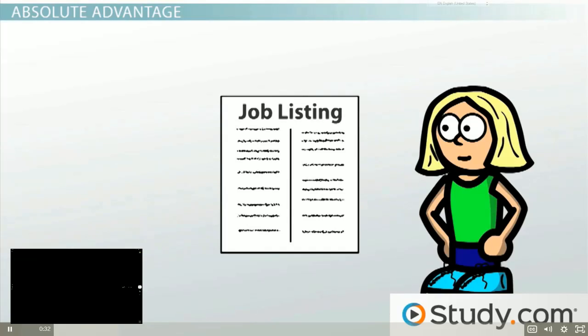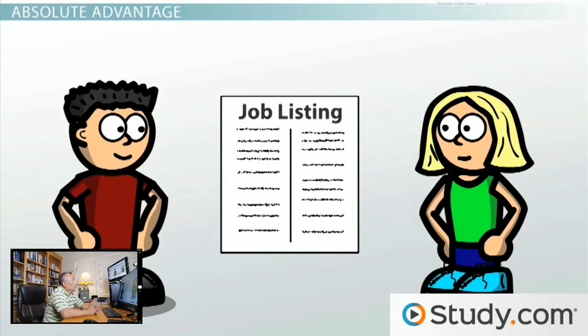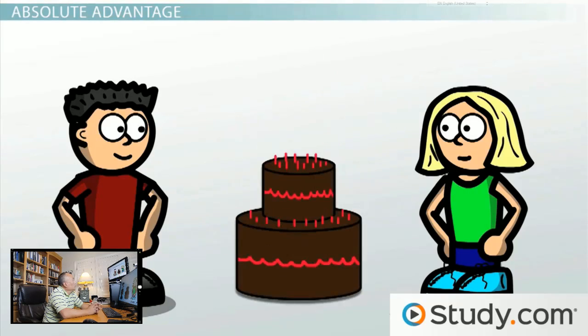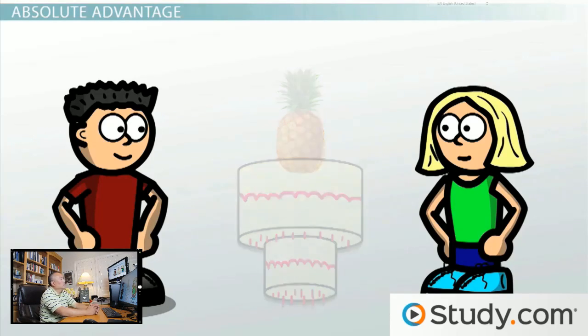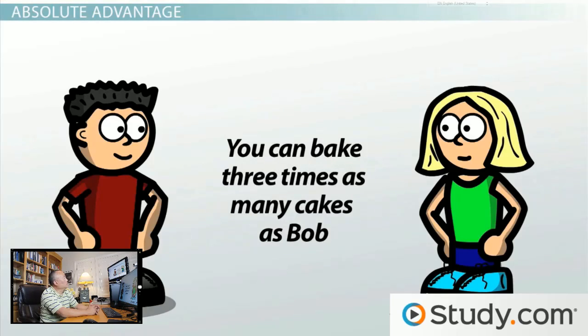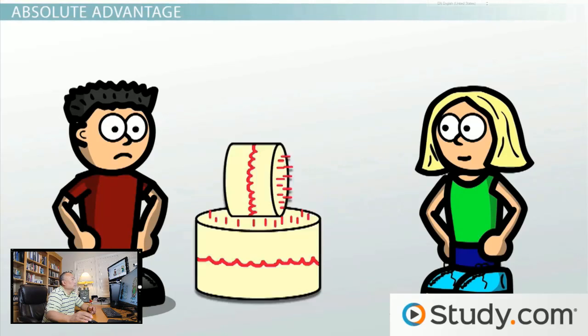At the same time, your neighbor, Bob, is also evaluating his options. Now, you have an absolute advantage over Bob in baking cakes. Whether it's chocolate cake, vanilla cake, or pineapple upside down cake, if both of you bake the same cakes side by side, you'd be the one who could bake 3 times as many cakes in an hour as he could. You're really good at baking cakes, and certainly better than Bob is, who's struggling to get the first cake rolling.